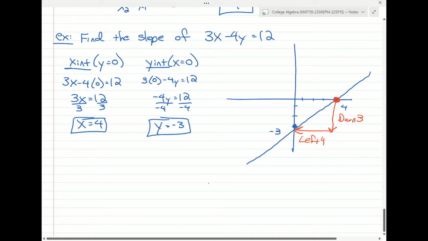So if you look at what we said before, the slope, top tells you whether to go up or down. The bottom number tells you whether to go right or left. According to that direction that we just went in, the slope would be down 3, left 4. Slope would be 3/4.